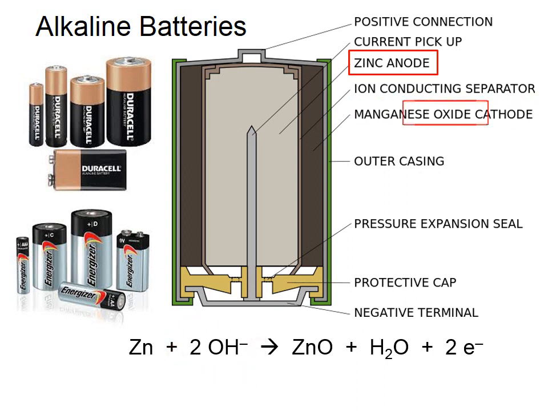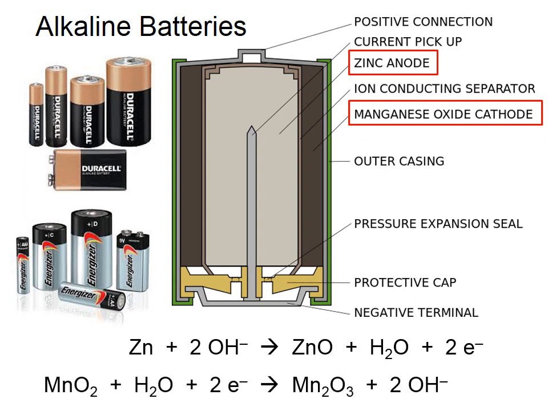We also have a manganese oxide cathode, or I would say manganese dioxide, but in any case, that is where the reduction occurs. So clearly the manganese dioxide must be gaining electrons, and sure enough, there it is. The number of electrons lost equals the number of electrons gained.